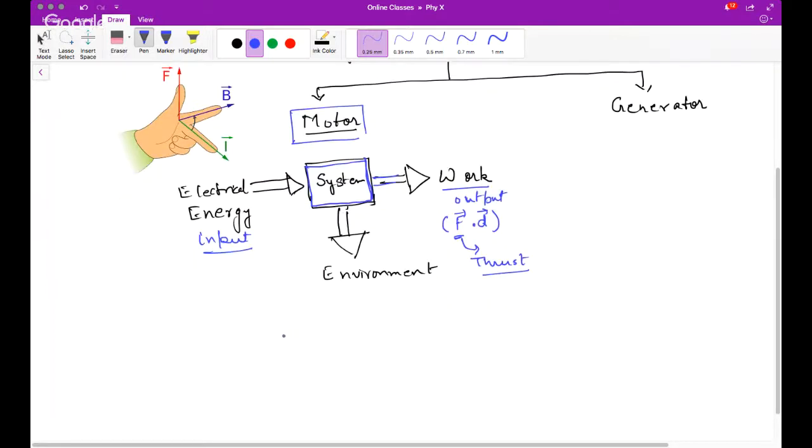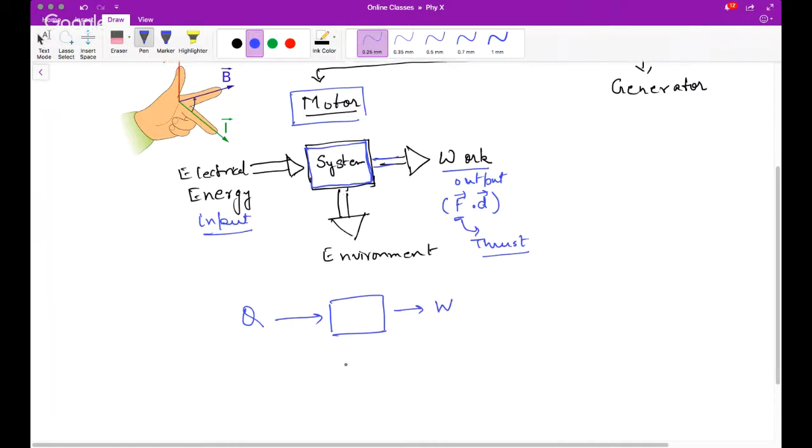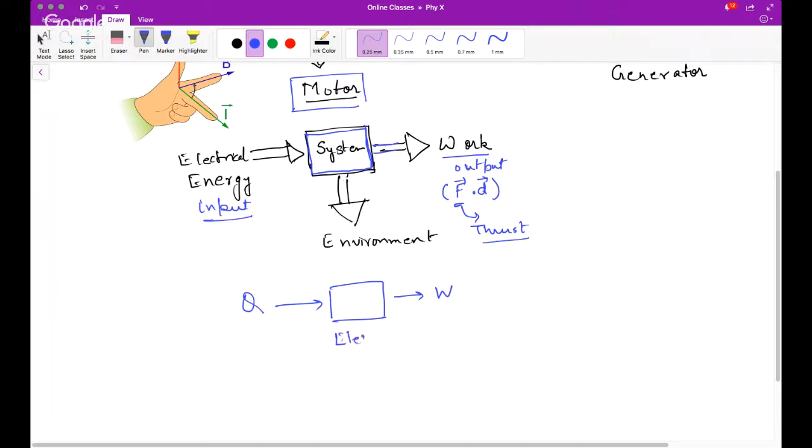You're supplying energy and you're getting work out of it. Why? The fan is rotating, right? There is a force which is getting generated. So in a nutshell, I can say there is one use of electromagnetism where if you input energy, you will get work. And the common thing here is electromagnetism.